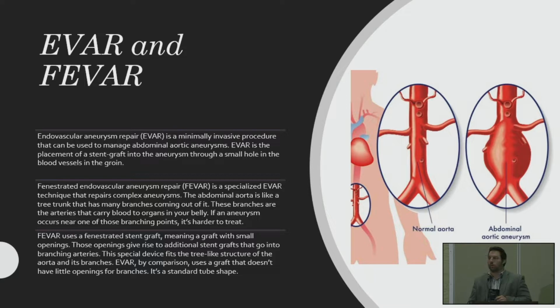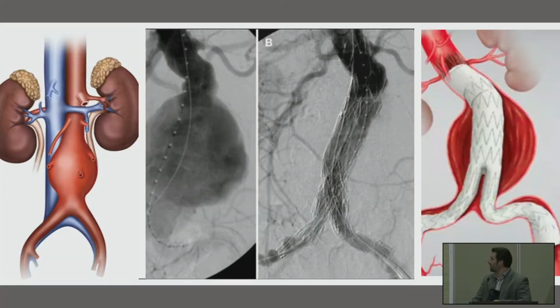And so with traditional EVAR, you're going below the renal arteries, and you're kind of avoiding that upper area where you have SMA and celiac and the renal arteries. But we have a lot of patients who have aneurysms in those areas. So FEVAR just means that there are some new innovations to try and cover the area that has these branches.